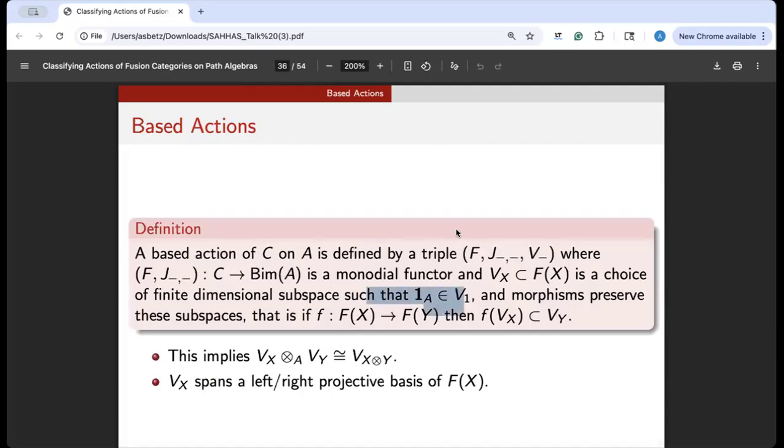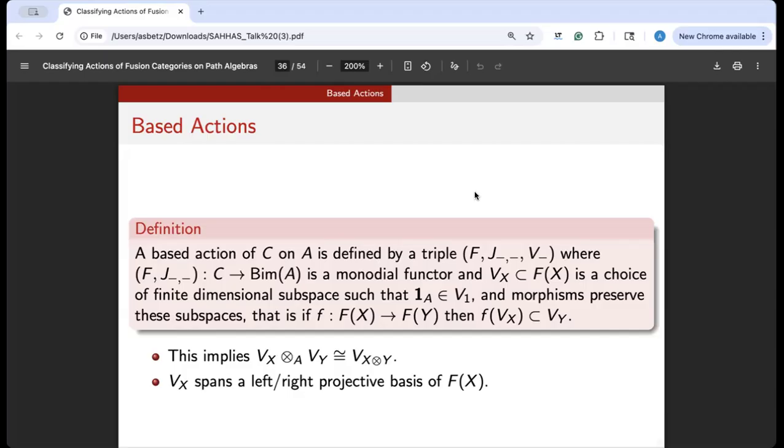Okay, so this just means I take my algebra and I change the multiplication by this bimodule formula essentially, like I change multiplication from one side through some automorphism or some action of something. Sorry, could you repeat that? I missed it.